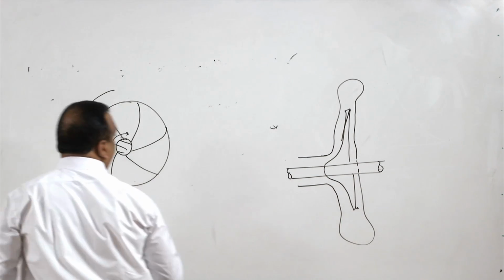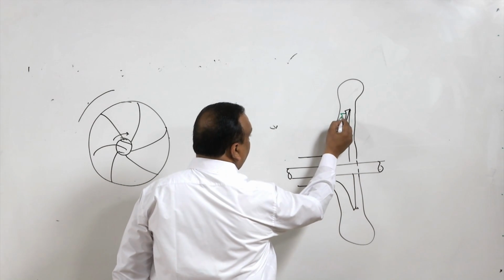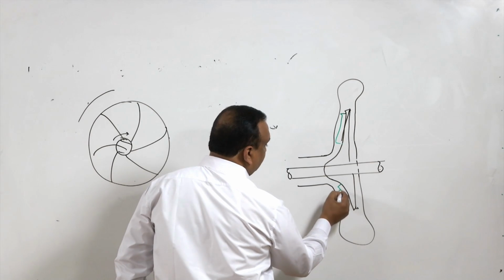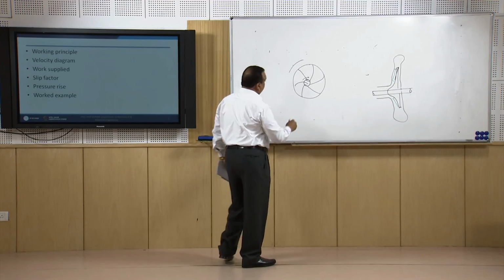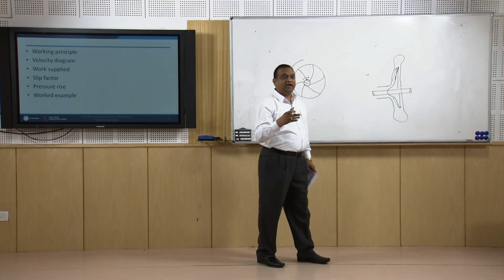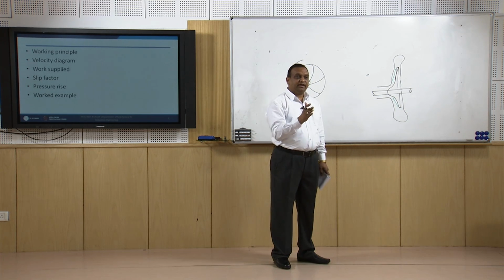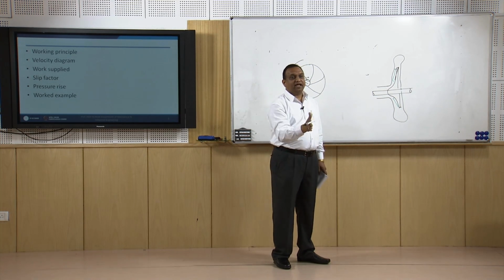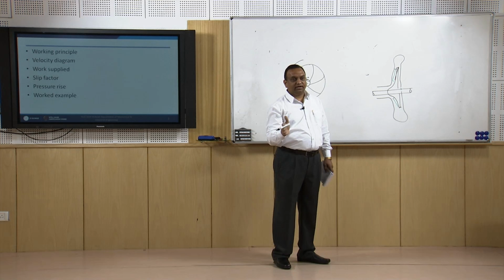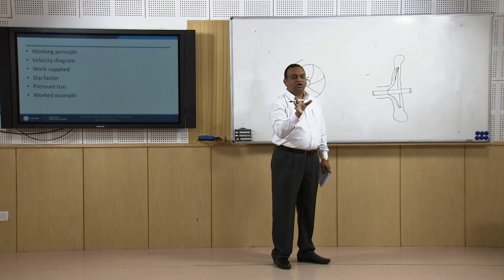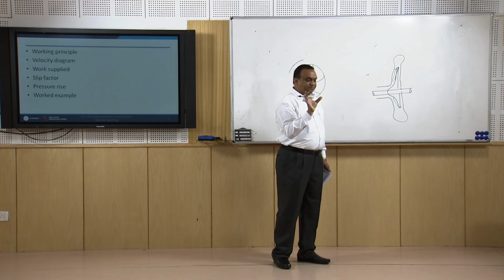I will draw with a different color. The impellers are having the vanes. So, when this disc is moving, the impeller can have entry of air from both the sides. It can have entry from one side or it can have entry from both the sides.